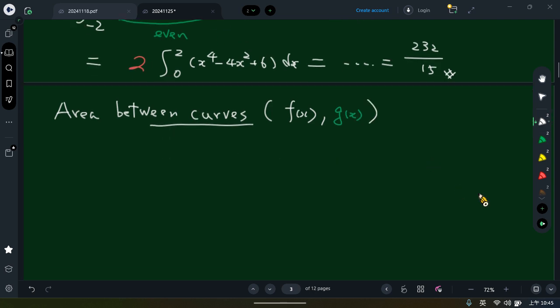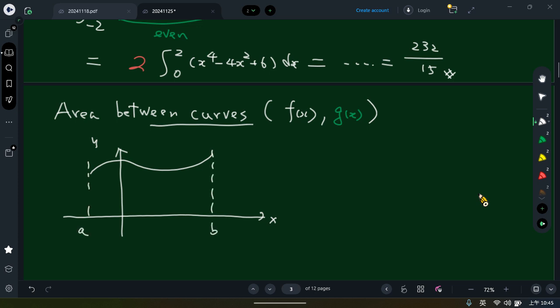So if there are two curves, it will be like this. For example, if this is for a to b, this is y is equal to f of x, right? So this is for a single function.